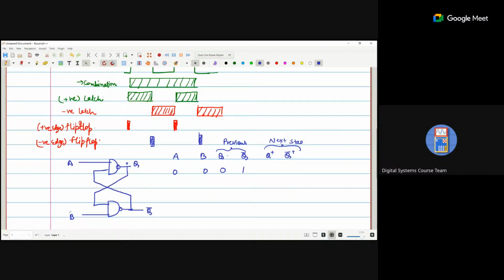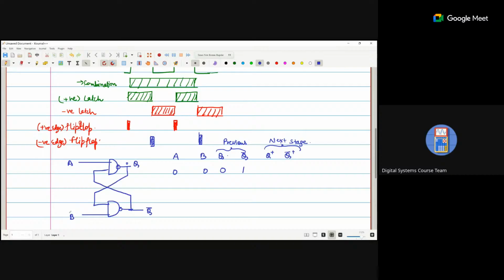What is the difference between the previous state and the next state? The previous state is basically the stored data. For example, in this circuit, Q is zero, it will be stored, so we consider this the previous condition.